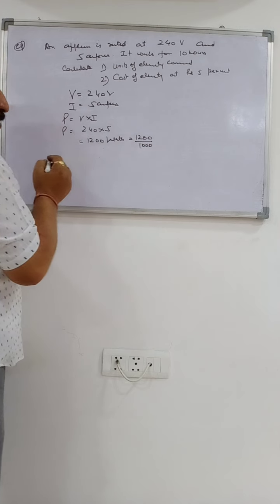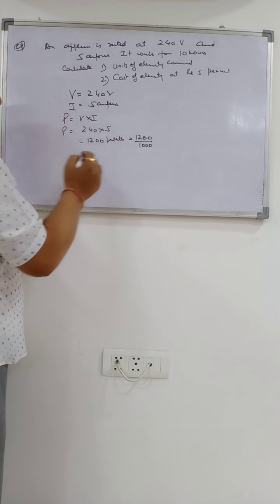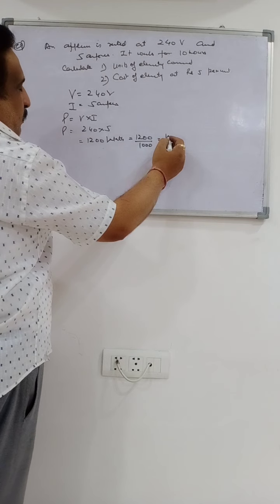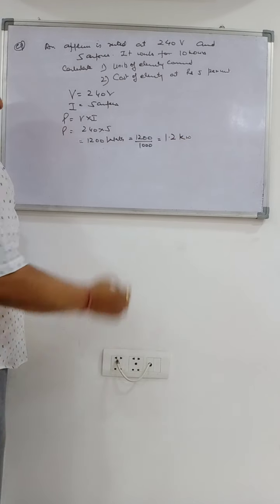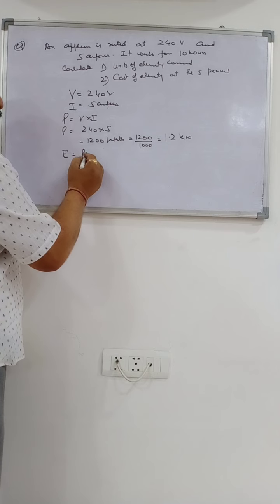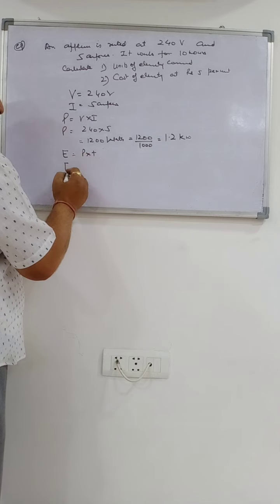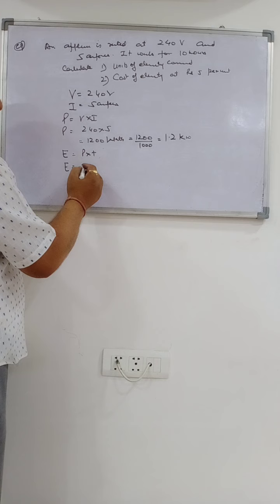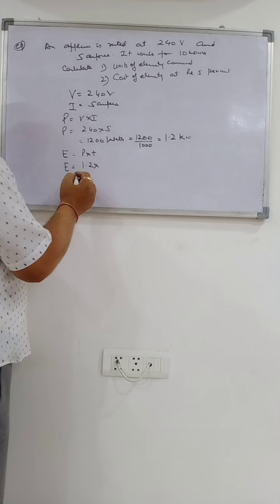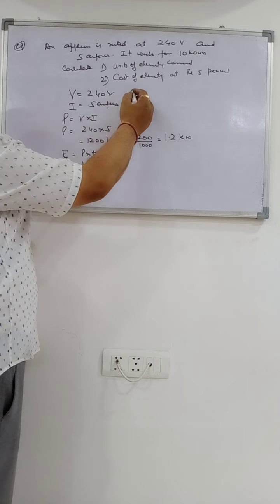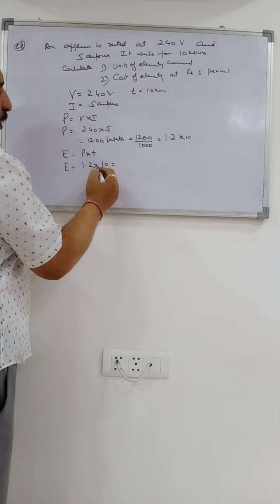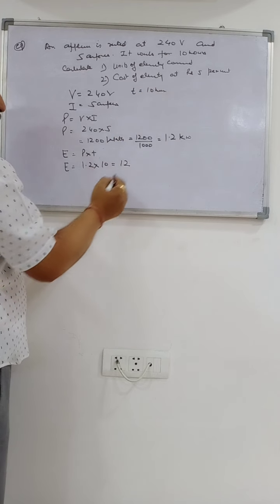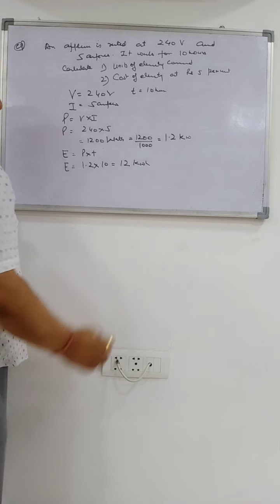Why have I divided by 1000? To get it in kilowatts, so that will be 1.2 kilowatts. So what is energy equal to? Power into time. Energy in kilowatt hour will be power in kilowatts, 1.2, into time in hours. Time given here is 10 hours, so 1.2 into 10 is equal to 12 kilowatt hour.